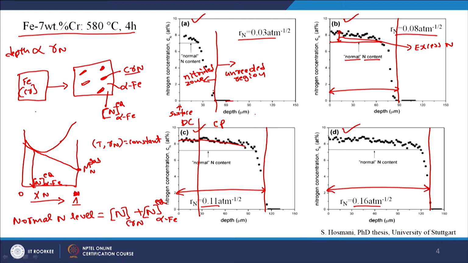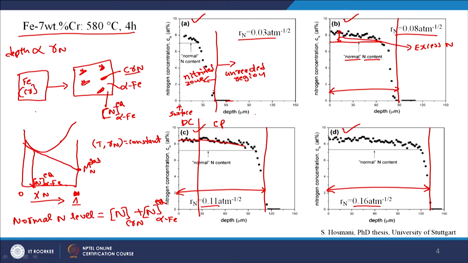All these particles have an interface with the ferrite matrix. So, nitrogen can absorb at these interfaces, and that can be an additional nitrogen that one can consider.